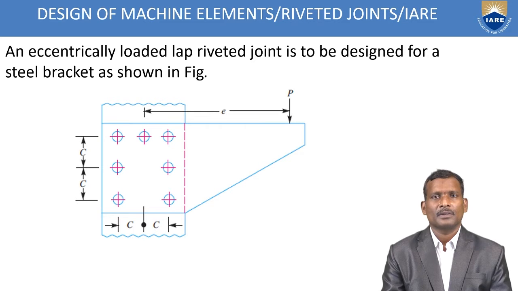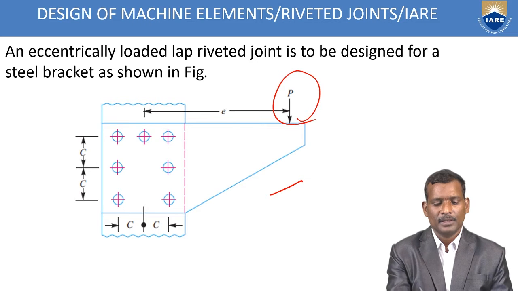See, here the given problem: an eccentrically loaded lap riveted joint is to be designed for a steel bracket as shown in the figure. In this figure, you can identify the eccentric load P and the eccentricity e given.